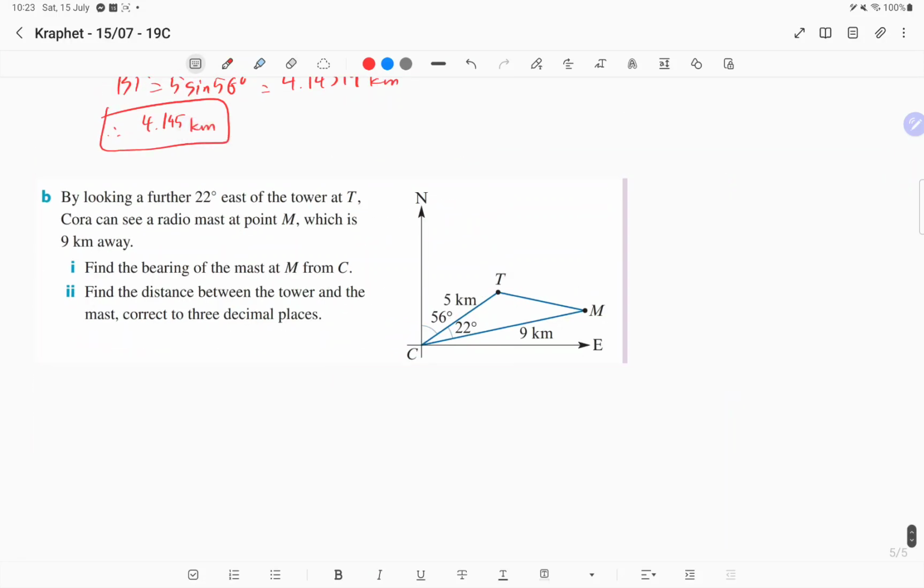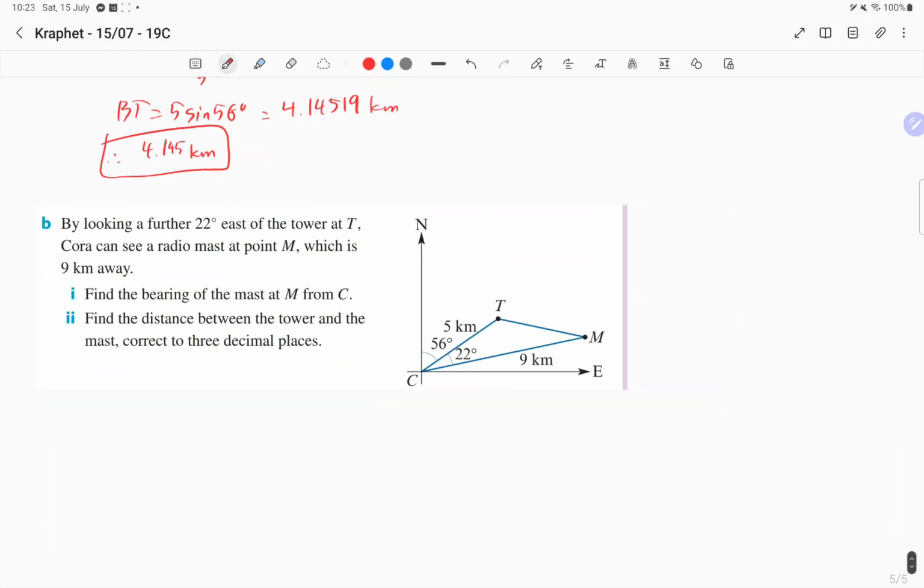Looking further, 22 degrees east of the tower at T, you see a radio mast at point M, which is 9 kilometers away.